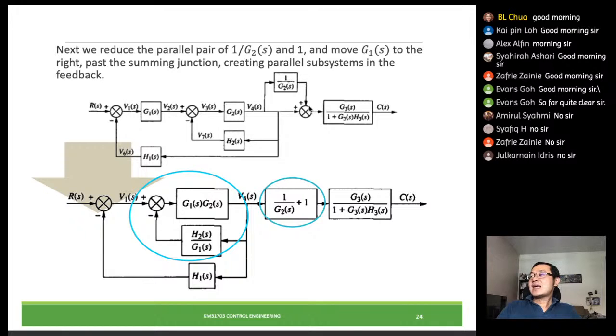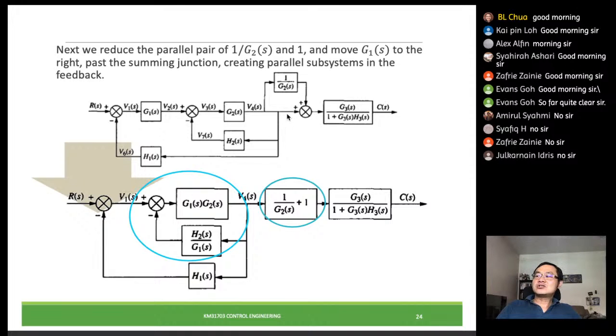So when they add them up, what is the signal over here? So basically this whole part is the 1 over G2 plus 1, because our signal is V4, right? So we have a block called 1, we have another block called 1 over G2.